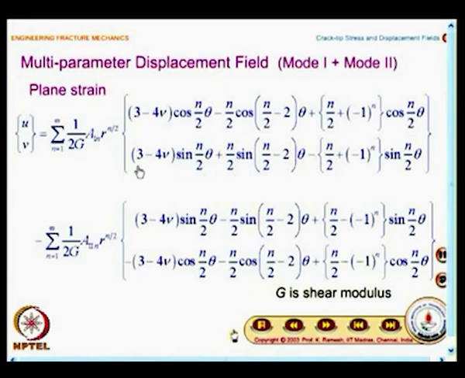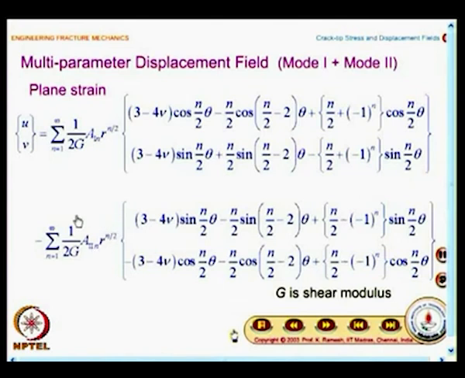For the v component, you have this as 3 minus 4 nu sin n by 2 theta plus n by 2 sin n by 2 minus 2 theta minus of n by 2 plus minus 1 whole power n multiplied by sin n by 2 theta.